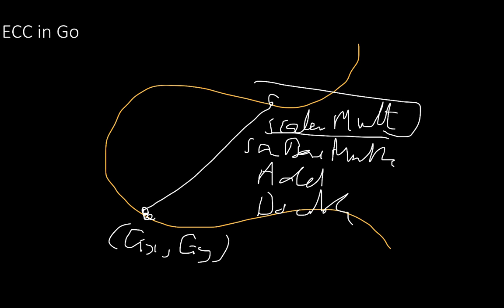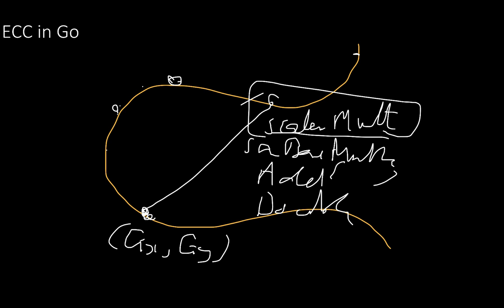Scalar multiply will take any point that we want and then multiply it by a certain value to give us another point on the elliptic curve. The scalar base multiply will take the base point. We don't have to specify it because we've specified it with the type, and then we can multiply that by a certain scalar value. Add will add 2 points, elliptic curve points, together to give us a result, and double will take the same point and double it.